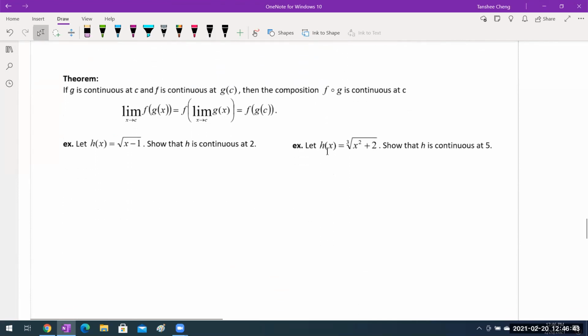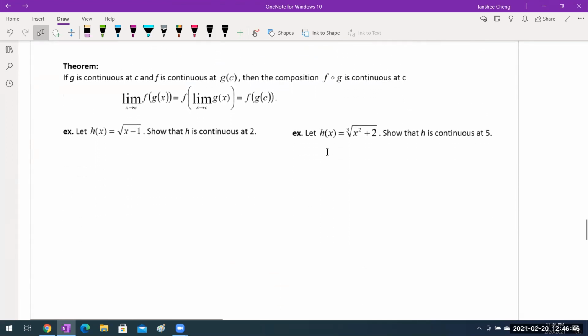The next theorem helps us with composition of functions. You saw that one theorem takes care of the algebra of functions; now the composition. If g is continuous at c and f is continuous at g of c, the output of the continuous function, then the composition function f of g is also continuous at c. This basically shows the limit laws: we can say that the limit and the function value are the same.